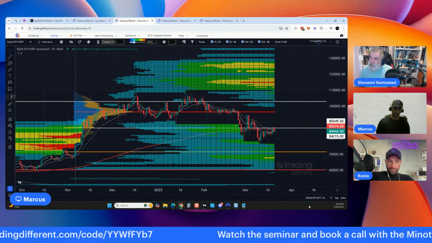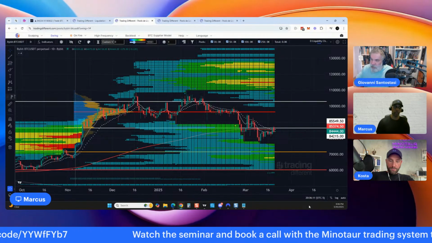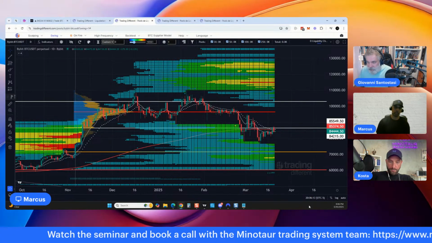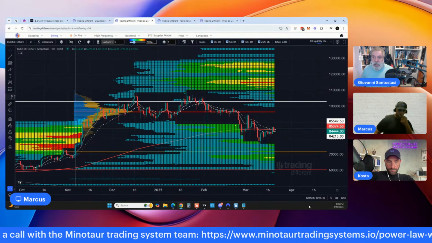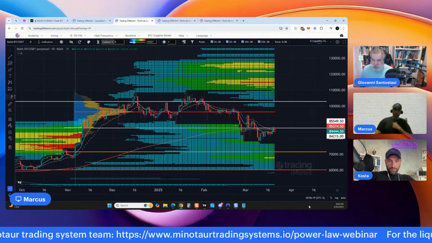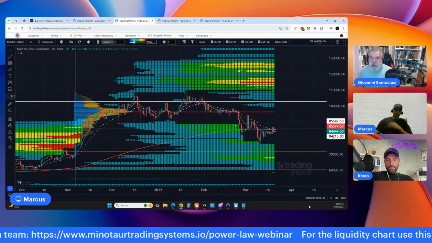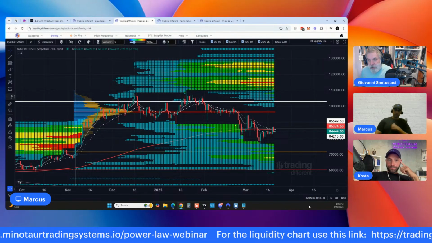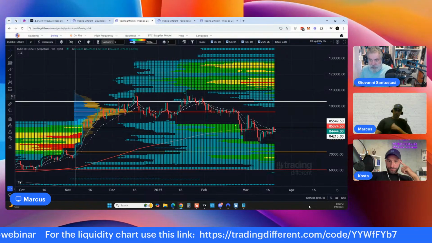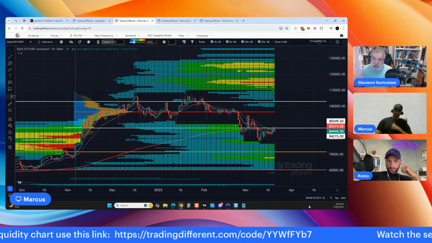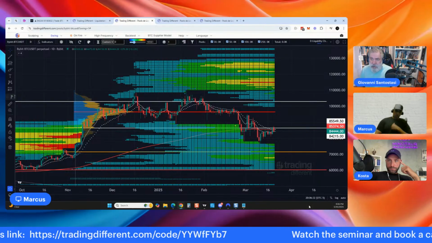Do you want me to go first, and Costa, maybe then we can conclude with some of the trades with the algorithm, because that is the other part of what we do here. We have an algorithm from the Minotaur company that actually tries to put together all these principles from liquidity, from the power law, and we always continuously try to improve it. I'm part of a team.